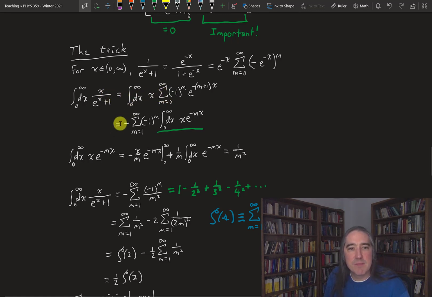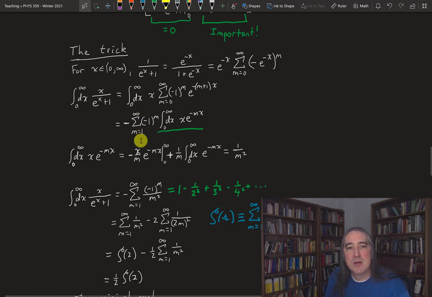The sum pulls out, and I'm going to take an extra minus sign so I can re-index the sum. Right? So the m equals 0 term is actually an e to the minus x. So if I just re-index, I'll get e to the minus mx, starting the sum from 1, and then this would be minus 1 to the m minus 1, but I don't want that, so I'll just pull an extra minus sign out, and whether it's m plus 1 or m minus 1, same story, so great.